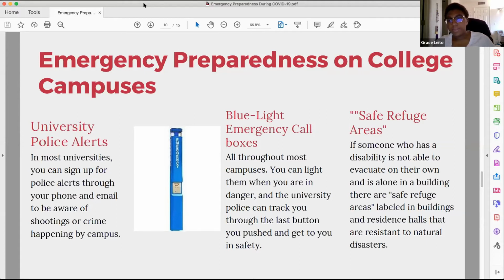But basically, being in that area, it's very useful because if you are unable to get out of the building, the first responders are told to look in those areas, and they have just high resistance for natural disasters like fires and things like that. So it'll just buy you more time if you're in a tough situation and no one's there to help you get out of the building.